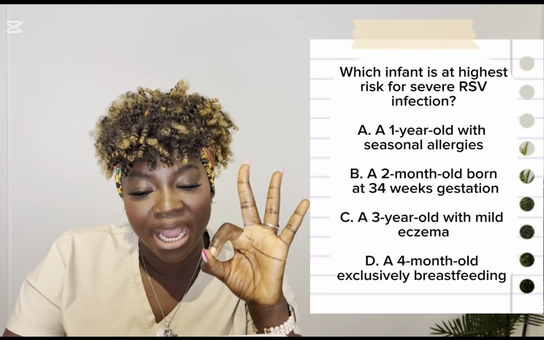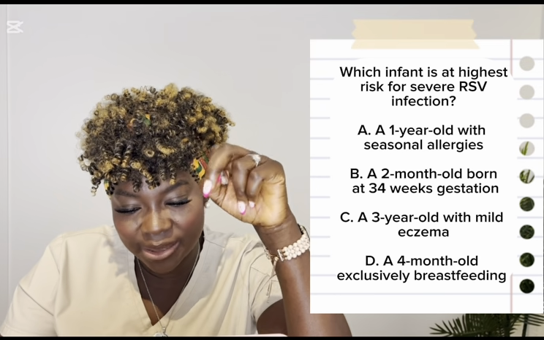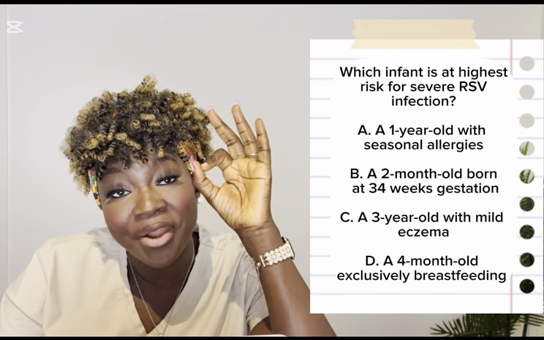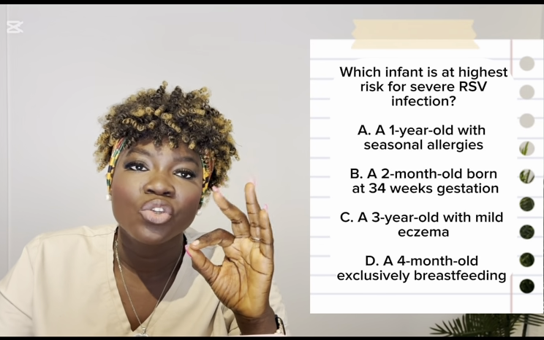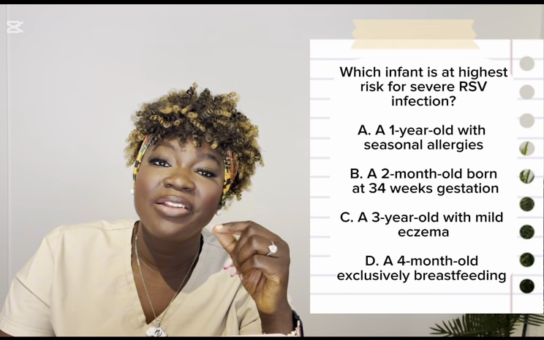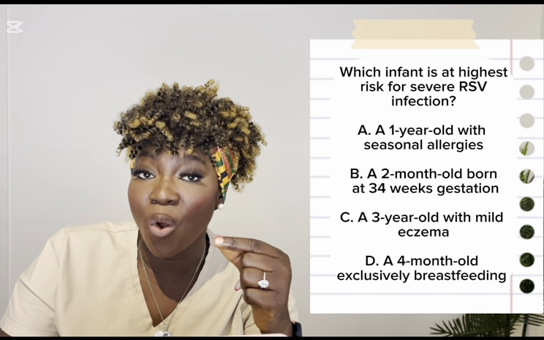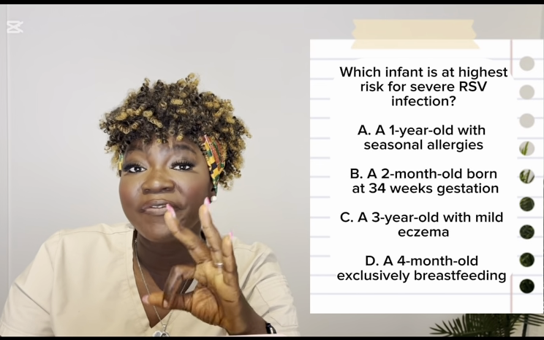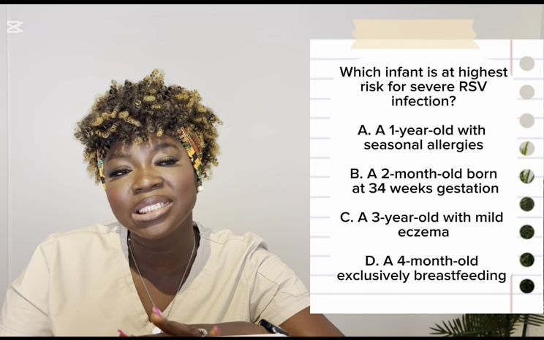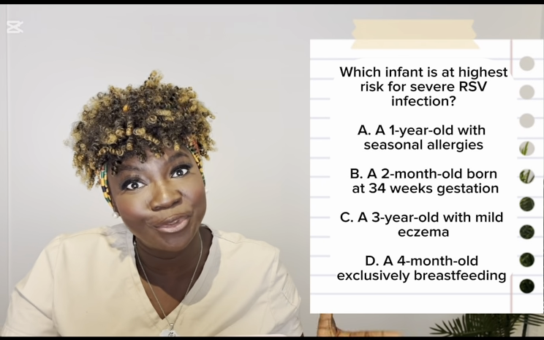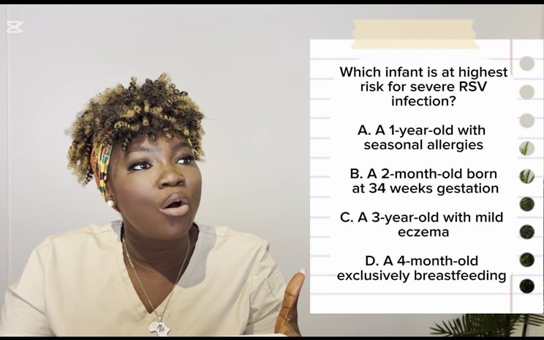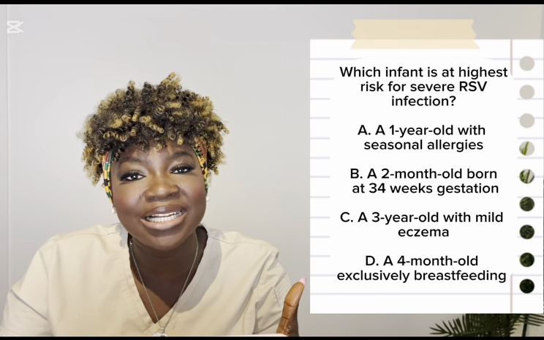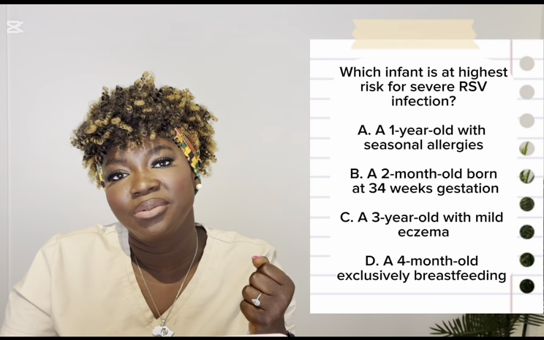Now first, before I tell you the right answer, let me explain what RSV is, Respiratory Syncytial Virus, right? It is a viral infection of the lungs and bronchioles in infants, especially infants less than 6 months old. In fact, RSV is the most common cause of infant hospitalization, okay?